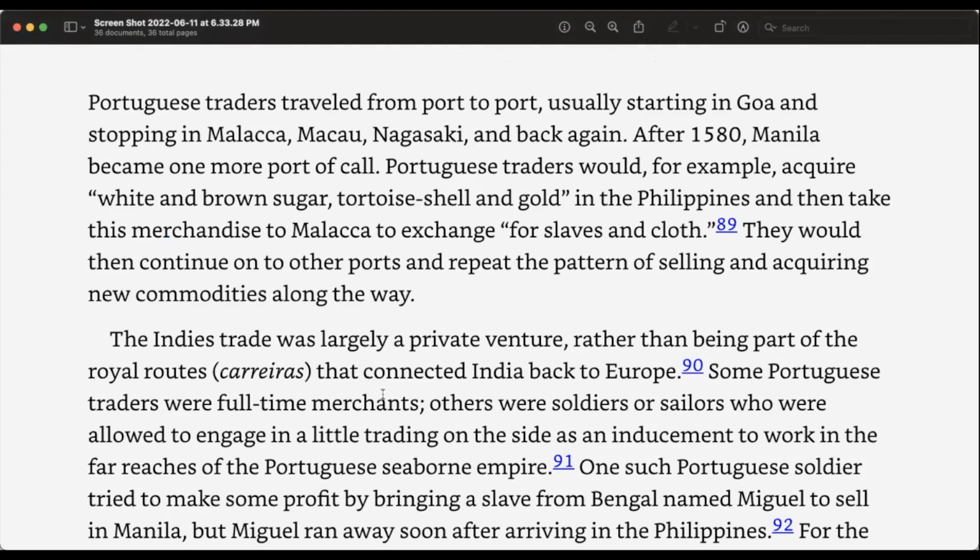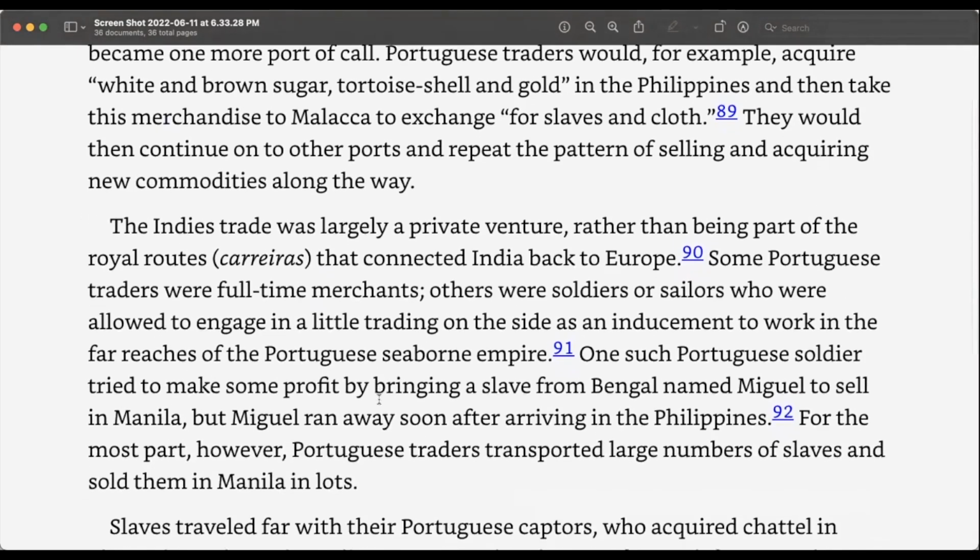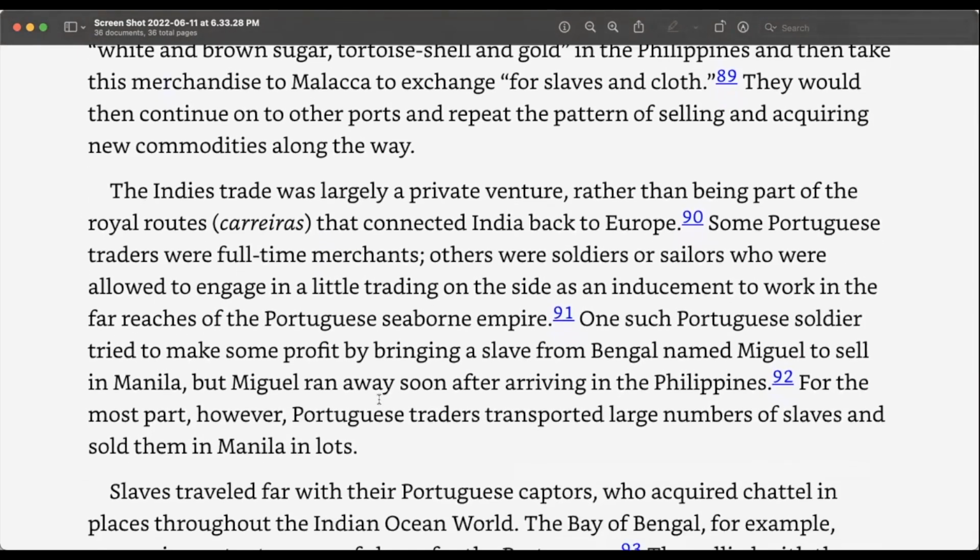Portuguese traders would, for example, acquire white and brown sugar, tortoiseshell and gold in the Philippines, and then take this merchandise to Malacca to exchange for slaves and cloth. They would then continue on to other ports and repeat the pattern of selling and acquiring new commodities along the way. The Indies trade was largely a private venture rather than being part of the royal routes, carreiras, that connected India back to Europe.